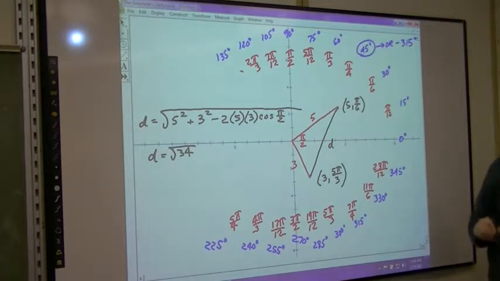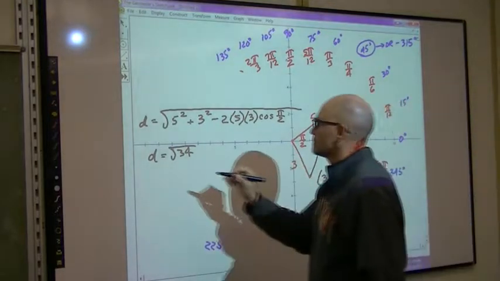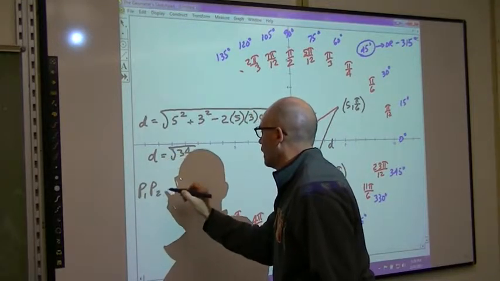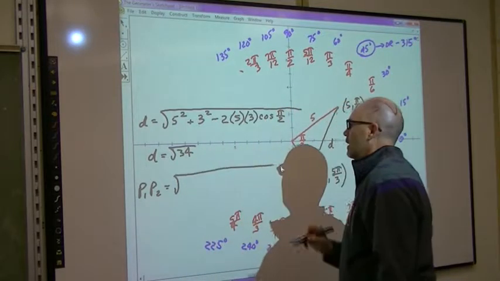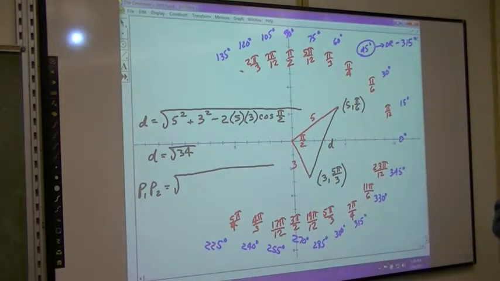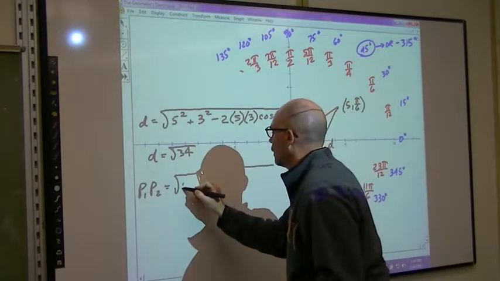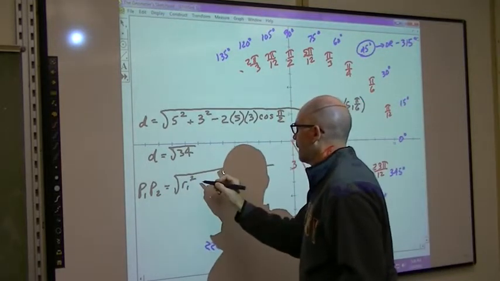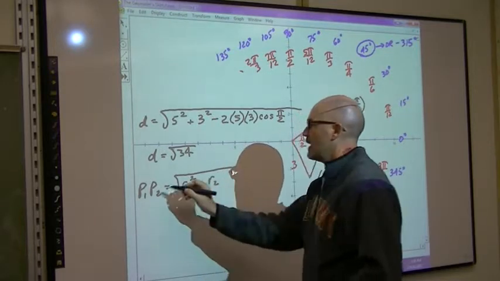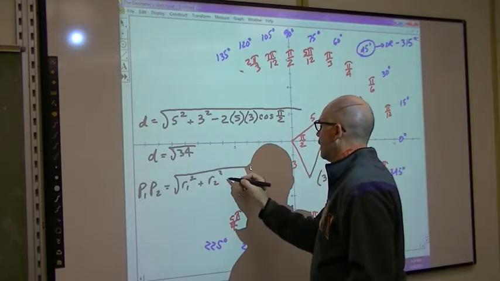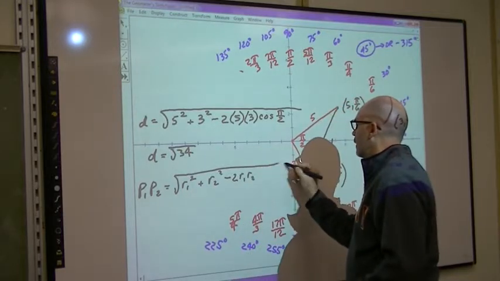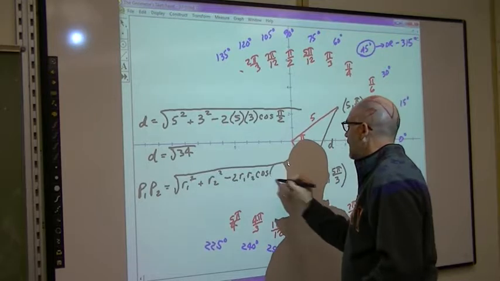So the general formula for the distance between 2 points is going to be: distance between point 1 and point 2 equals the square root of r sub 1, which is how far away point 1 is, squared, plus r sub 2, which is how far away point 2 is, square that puppy, minus 2 r sub 1 r sub 2, there's my 2ab, cosine of the angle in between.